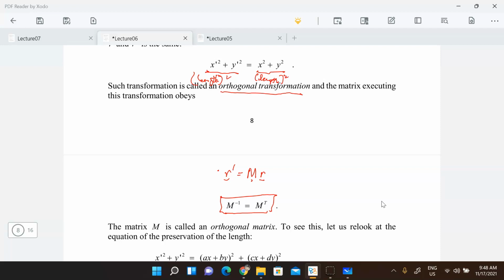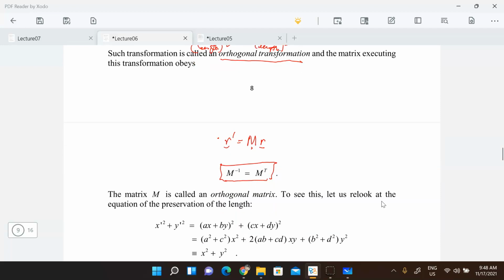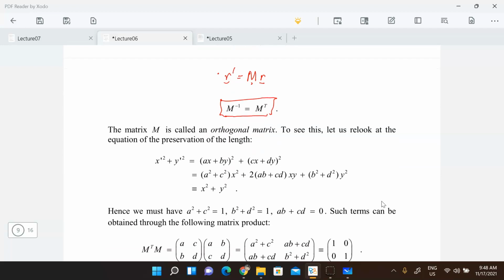Now, how can you actually see this? Well, the point is just to write down the transformation law. Here's your length squared in terms of x dash and y dash squared. Now I'm writing this in terms of your equation there, and expanding that square. In this particular case, it must be equal to the original length squared. So what does that mean?